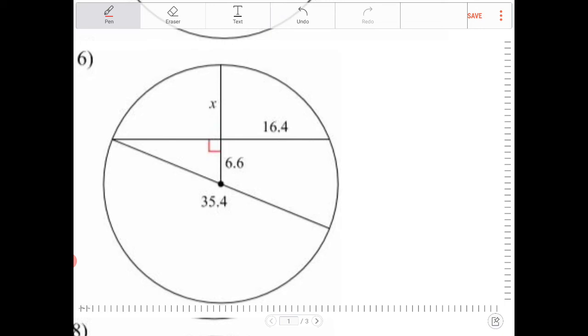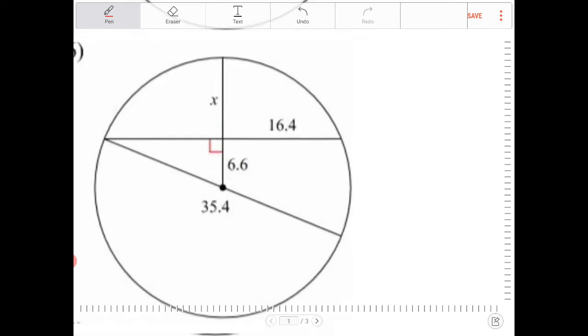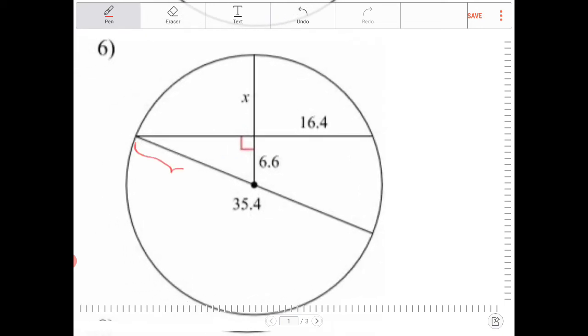So now I'm told the length of the diameter is 35.4, therefore this radius must be half of that. Right? So that means this is 17.2? No, 17.7.